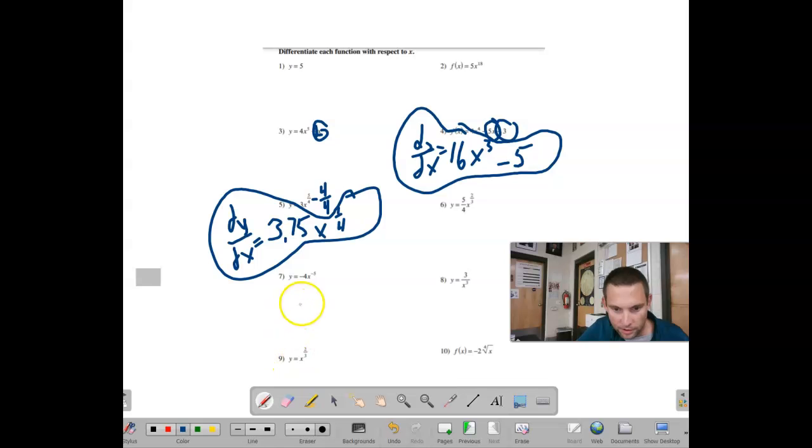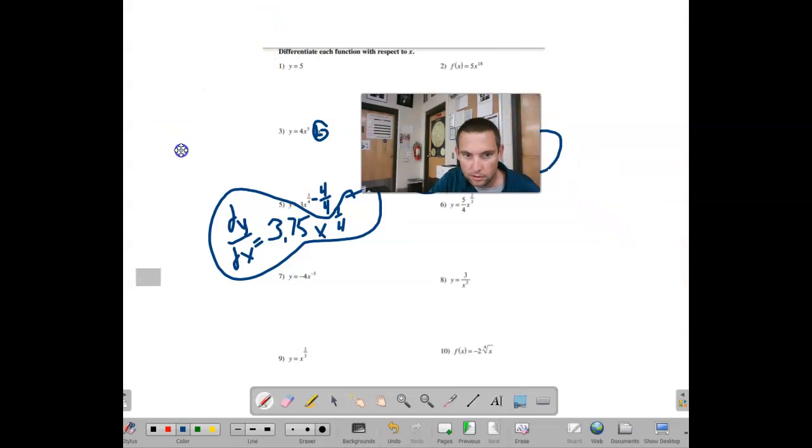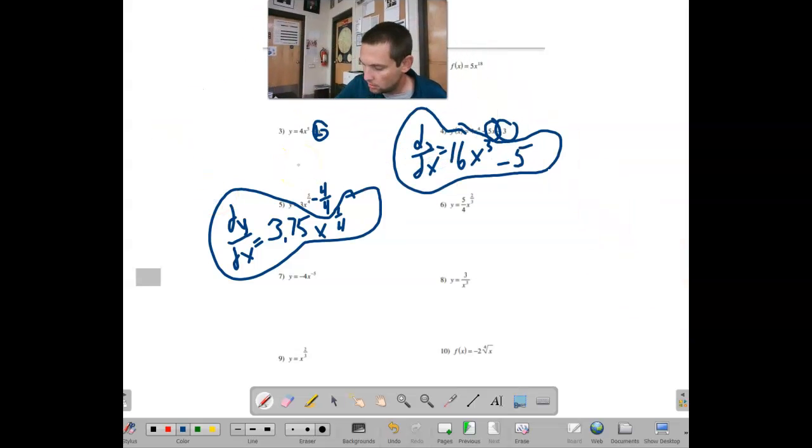Oh, I'm going to skip. This is kind of messy. Oh, here we go. This one, right here, number 8. Number 8 is y equals 3 over x cubed. We've got x cubed inside of a fraction, so step number 1 is to rewrite it, so it's going to be 3 times x to the negative third.